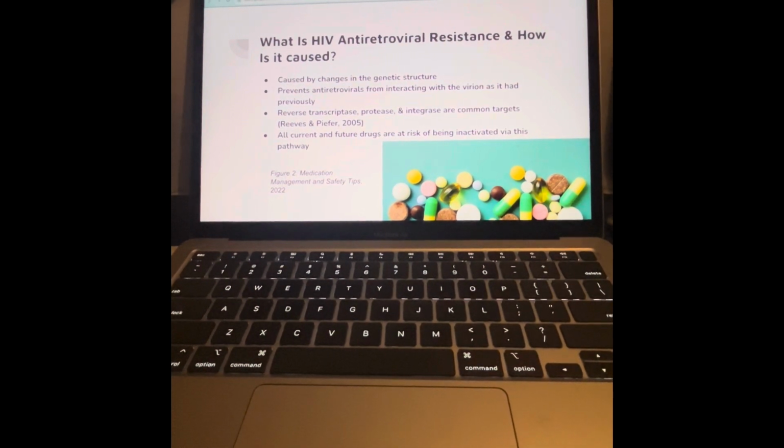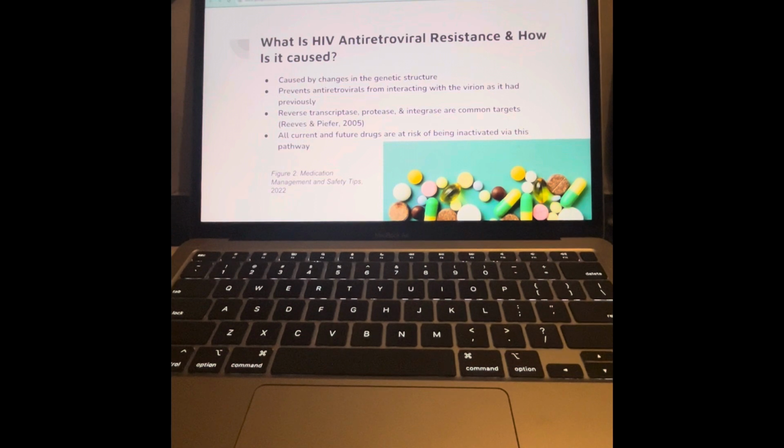What is HIV antiretroviral resistance and how is it caused? In simple terms, HIV resistance involves a series of mutations that change the genetic structure of the virion. These mutations change the physical layout and chemical properties of the proteins encoded by the viral genome. This is of particular concern when these evolving proteins were once the targets of antiretroviral drugs.